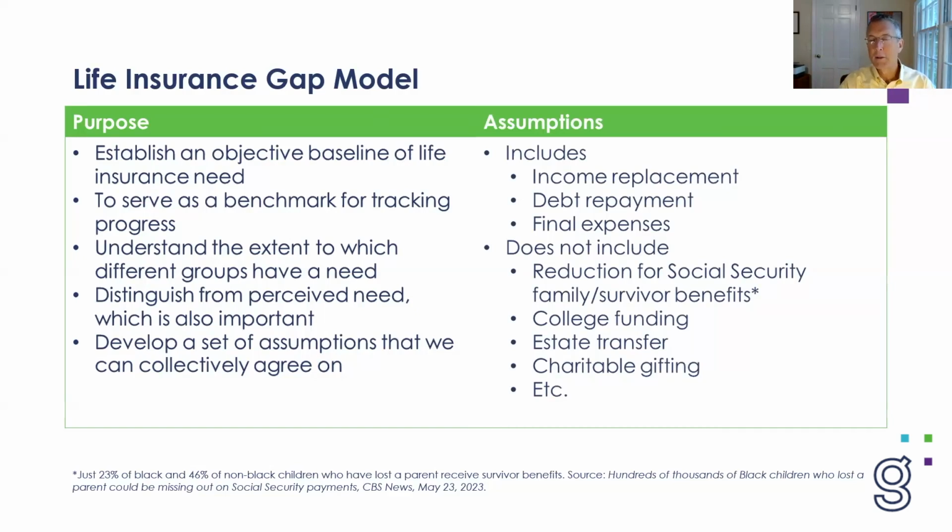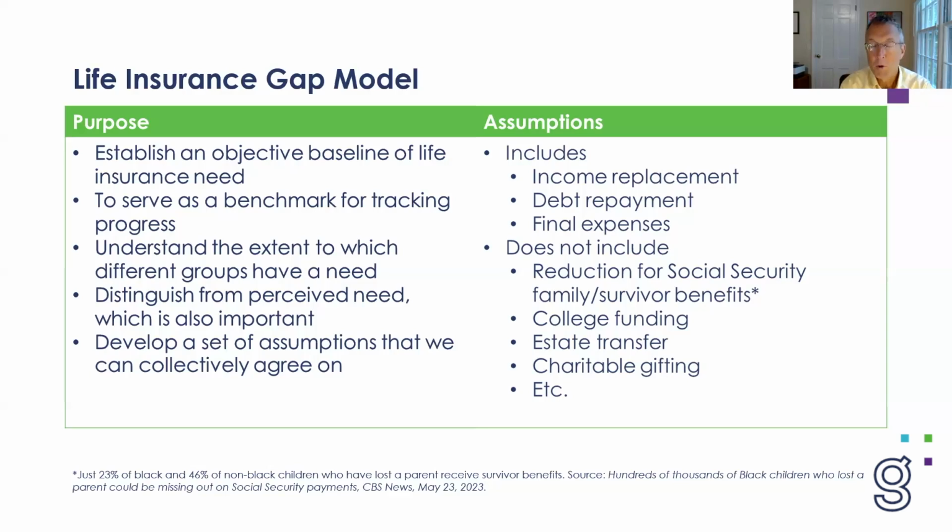So what this model includes is fairly consistent with traditional needs calculators out there. It includes income replacement, debt repayment, and final expenses. What it doesn't include are reductions for Social Security family or survivor benefits, where some other models have. And I decided not to include it for a couple of reasons.